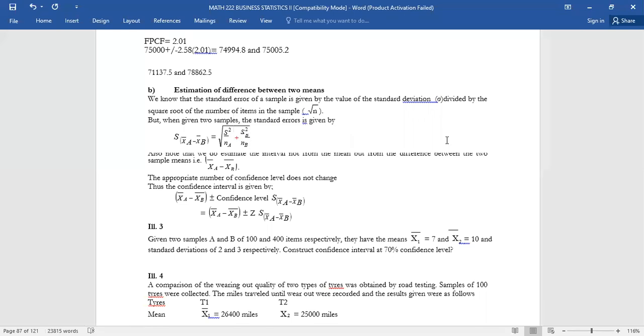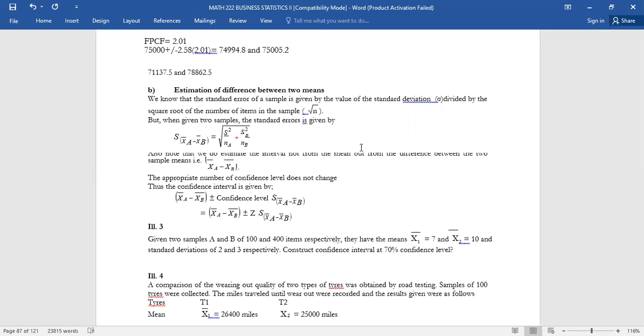So we do estimate the interval not from the mean, but from the difference between the two sample means. I think that is clear. When we are getting the difference of the sample means, remember, we are adding, because these are the small errors that we are going to quantify. Now, the process is still the same, and the appropriate number for the confidence level does not change.